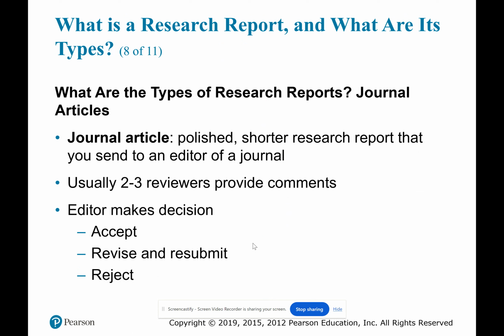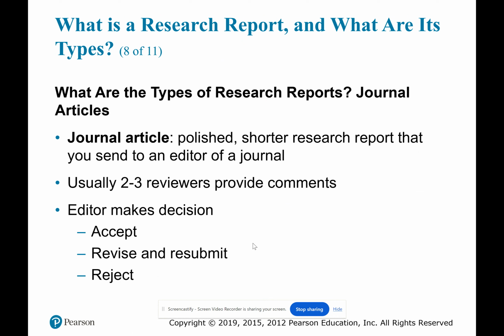We just finished talking about research proposals. So now let's talk about journal articles. That's another type of research report. Journal articles are what we cite in scholarly writing, and we use those pretty often. You've found a lot of those in your EBSCO, Google Scholar, and ERIC databases and those searches.